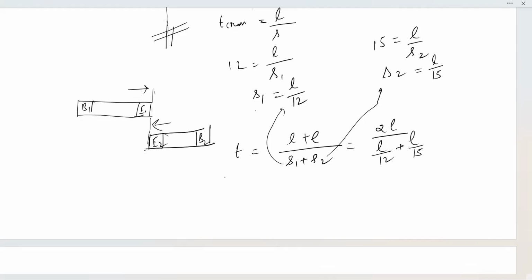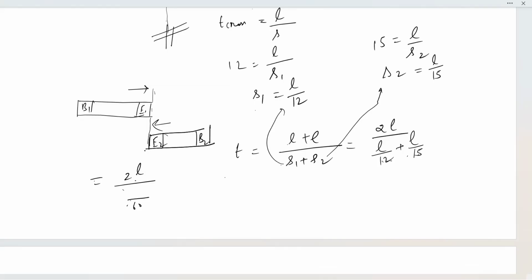And this comes out to be 2L upon, I'm taking the LCM of 12 and 15. So the LCM would be 60. We have to make the denominator 60 in order to add them.